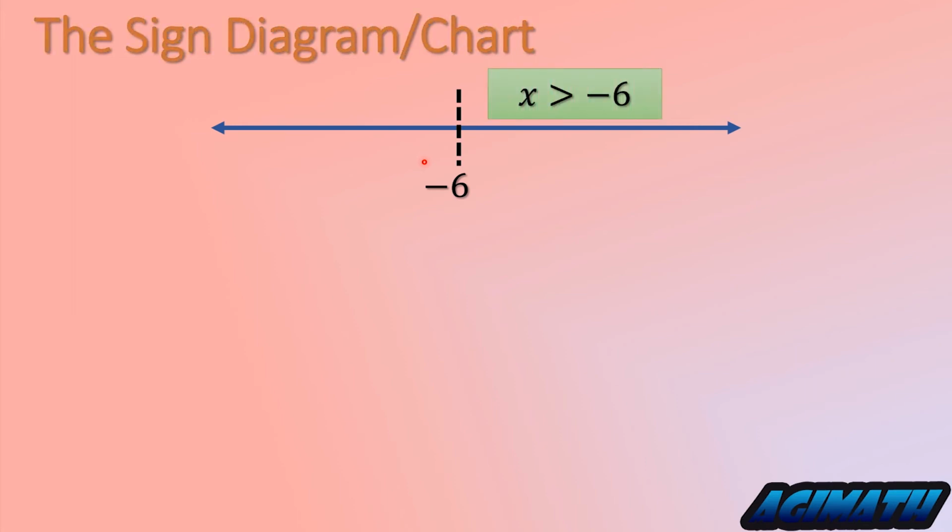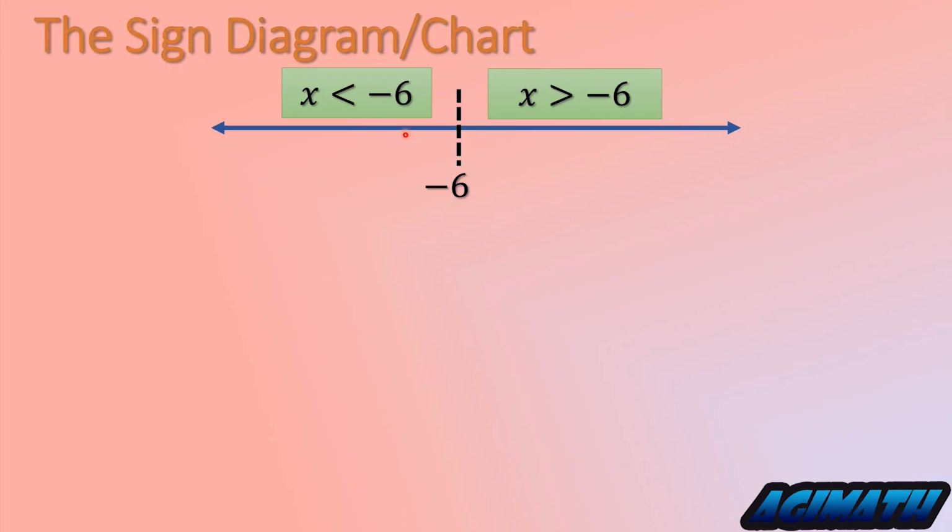So if we are going to create the intervals, first interval we have x is greater than negative 6. Going to the right, all these values should be greater than negative 6. Negative 6 is not included, so we can have negative 5.9, 0 until positive infinity. On the other interval, x is less than negative 6.